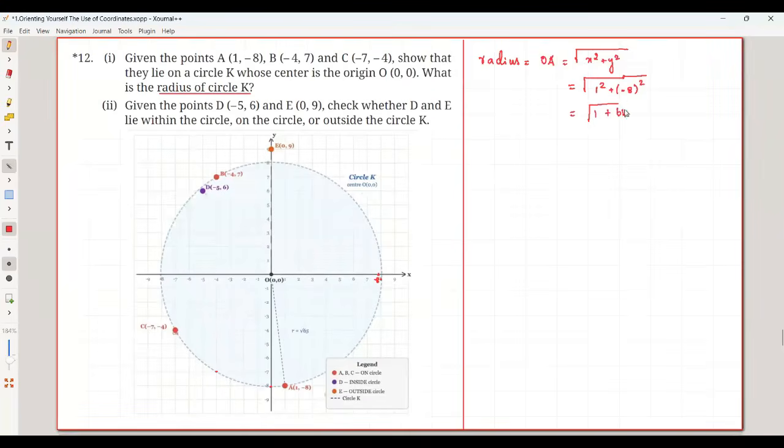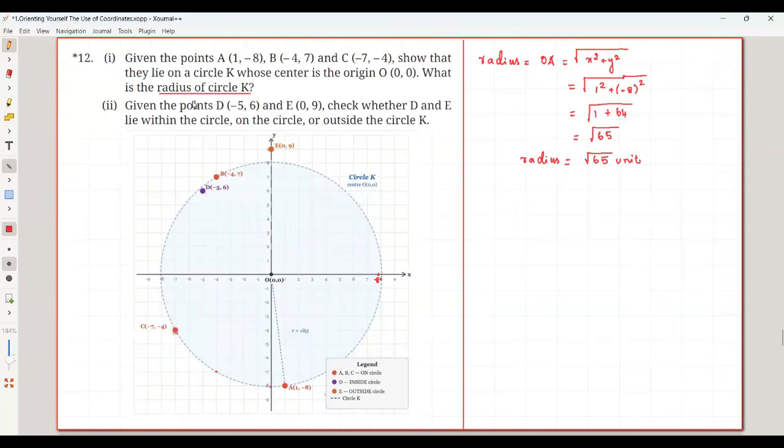So 1 plus 64 is 65. Now the radius. This is not a perfect square number. We can just keep as it is. Radius is equal to root 65 units.